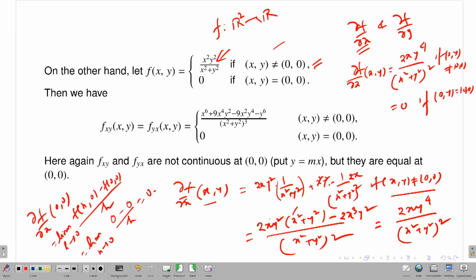Similarly, in the same way, you can also calculate the partial derivative of f with respect to y variable. Again, if the point xy is non-zero, to calculate the partial derivative of f with respect to y variable, you just think about x as constant, think about it as a function of y, perform the derivative, and you will get it.